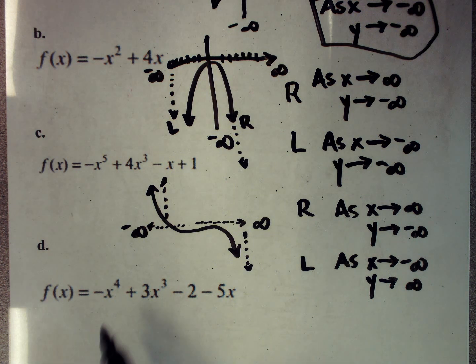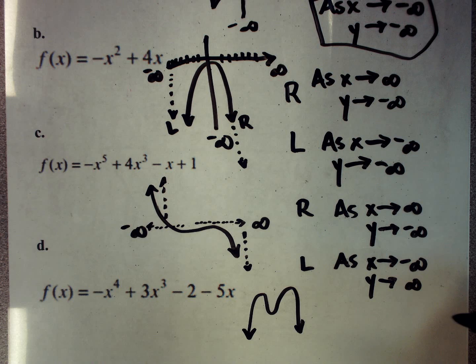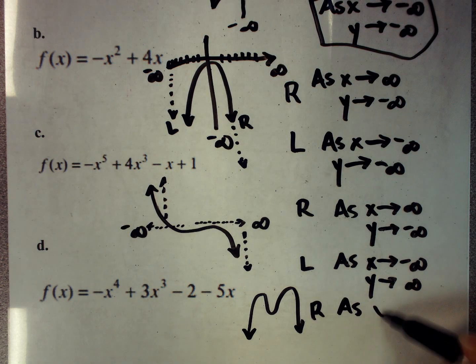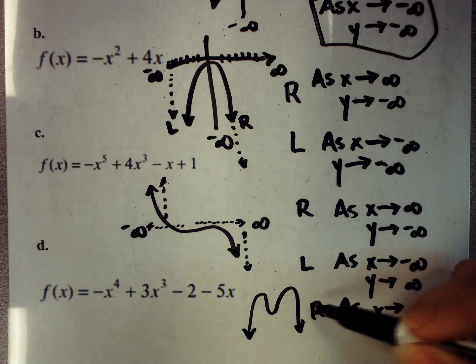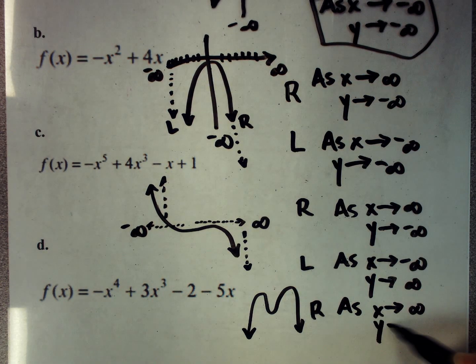Okay, what kind of a function is this, even or odd? Even and negative, so which way are they going? Both going down. So the right-hand side, as x approaches positive infinity, where are the y values going? Both going down.